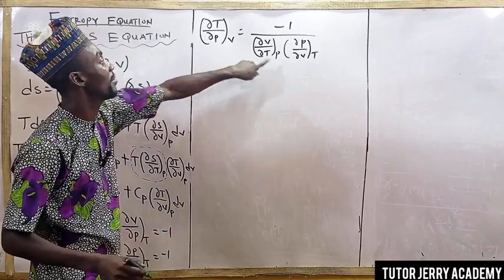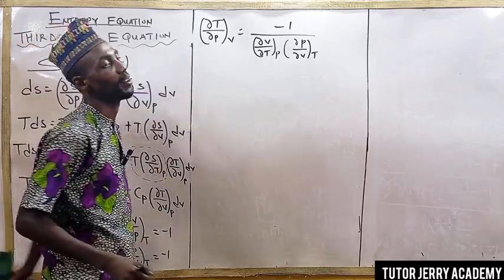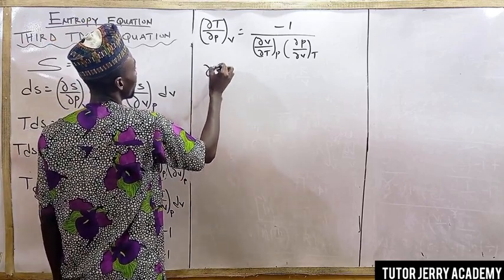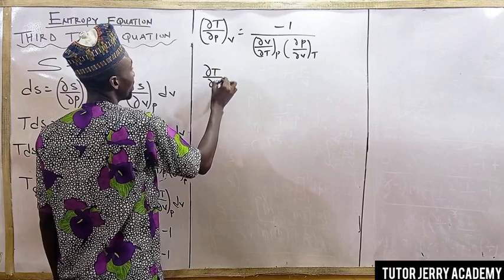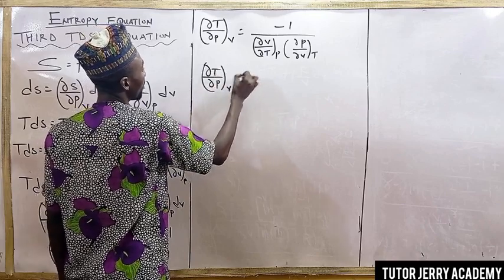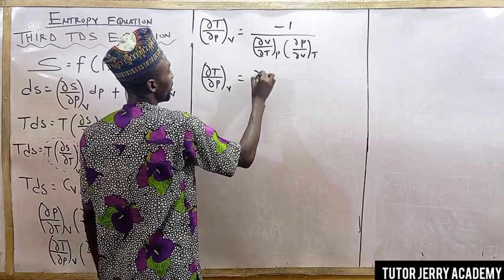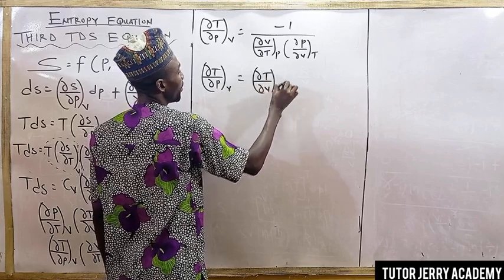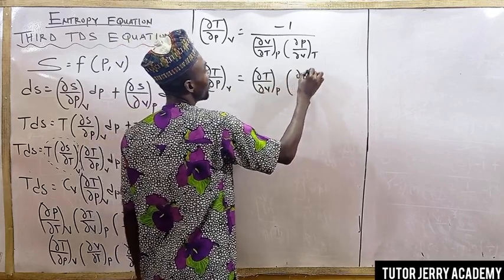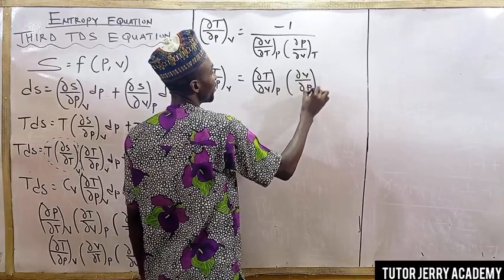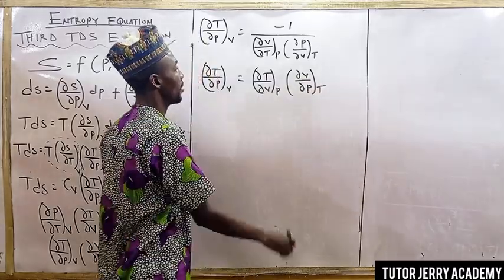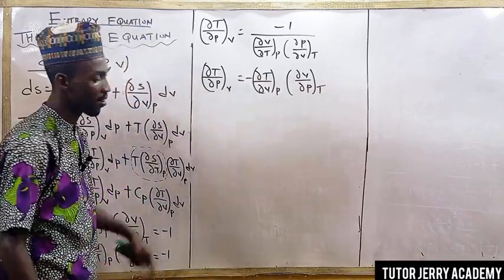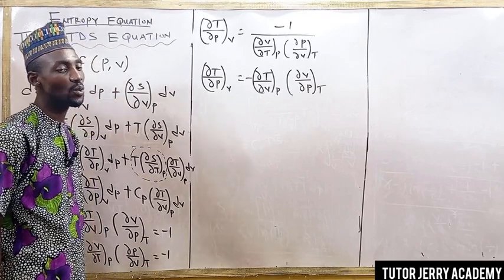If I take the inverse of this back, I go back to my normal equation: the partial derivative of T over the partial derivative of p, keeping v constant, gives me the partial derivative of T over the partial derivative of v, keeping p constant, times the partial derivative of v over the partial derivative of p, keeping T constant. But don't forget we have the negative sign. All right, so the next thing we are going to do is this.